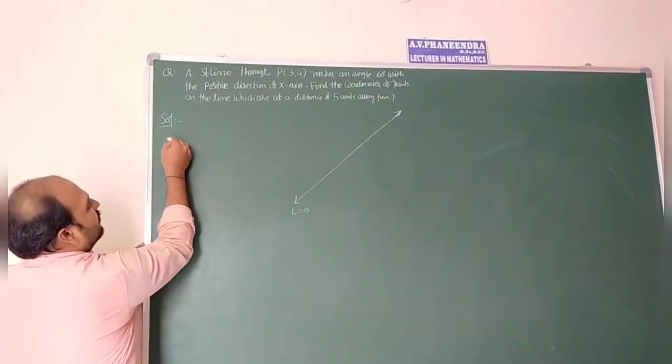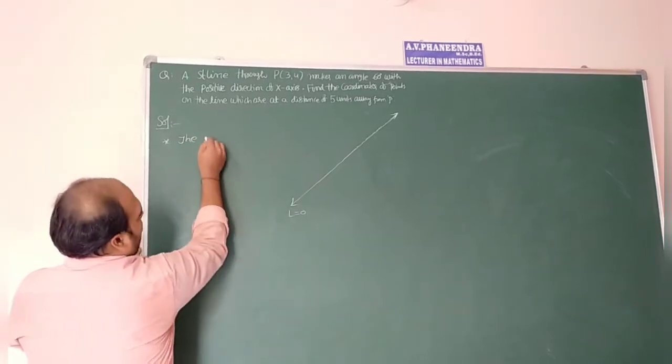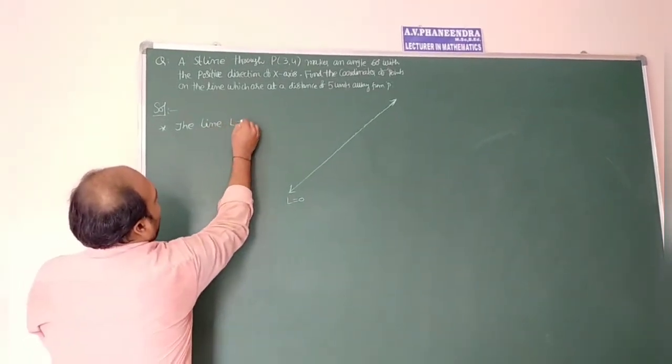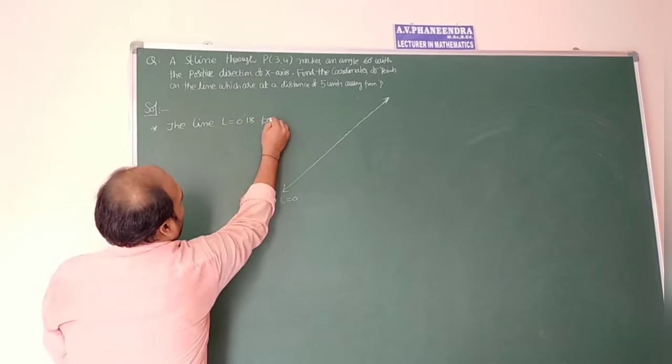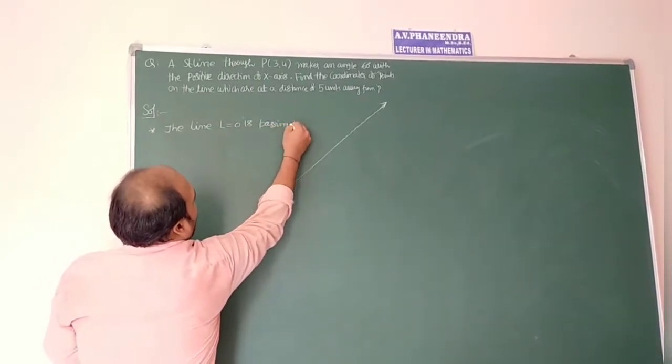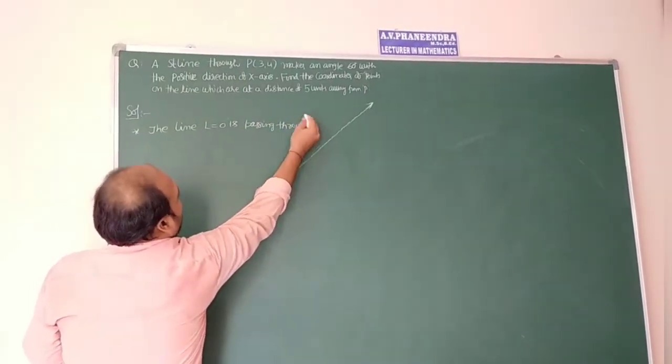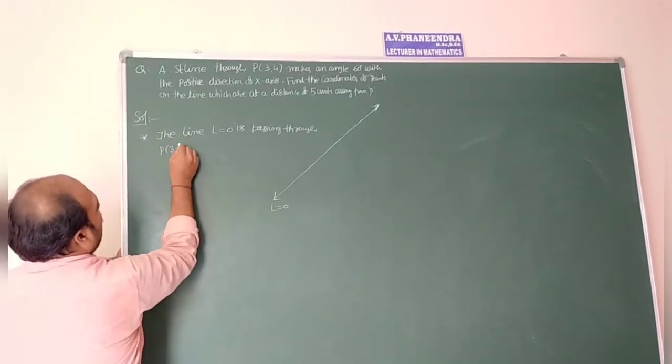According to that, first step, the line L is equal to 0 is passing through P of 3 comma 4.